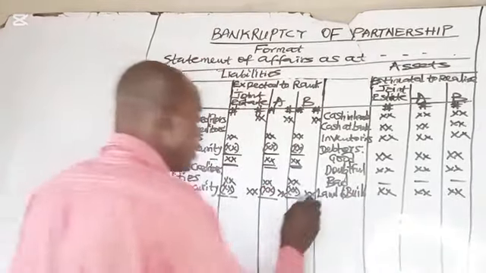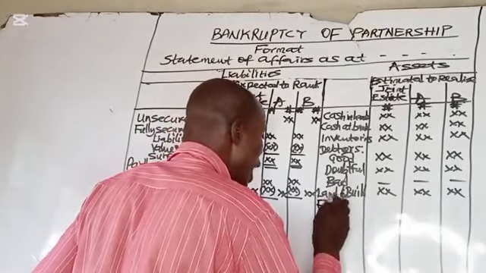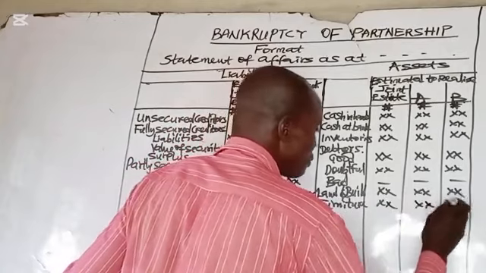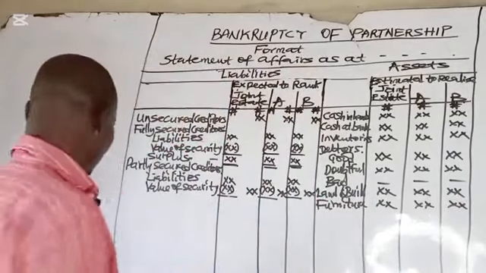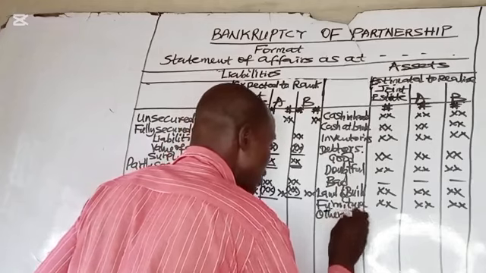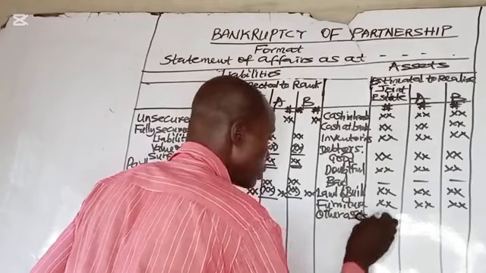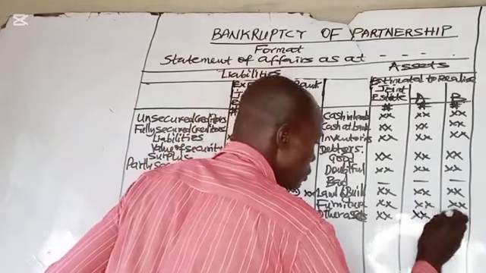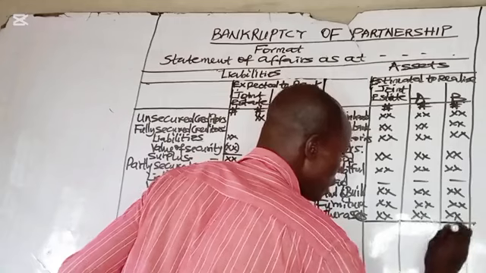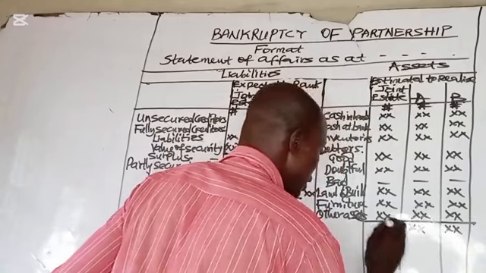Then furniture and fittings. If it is not used as security, you have it there. Then others, any other forms of assets not used as security, you include them. Then you sum them up, and you have this as the total.